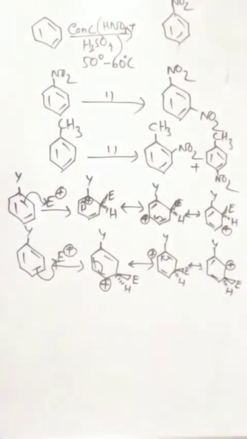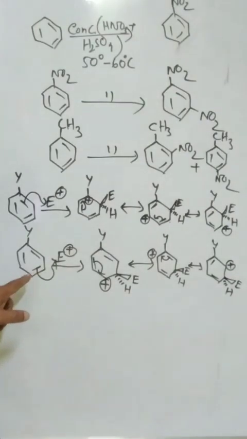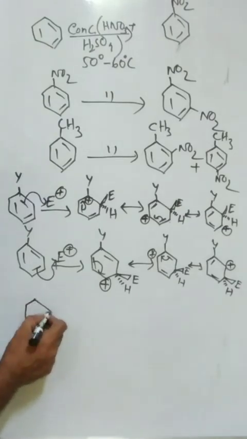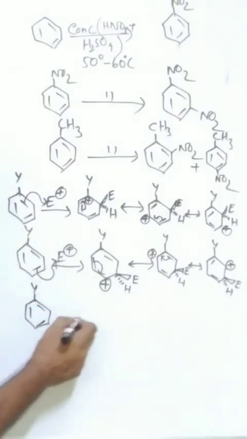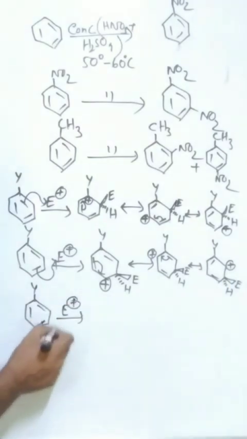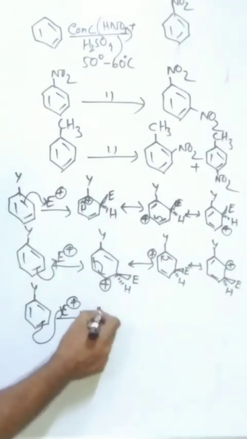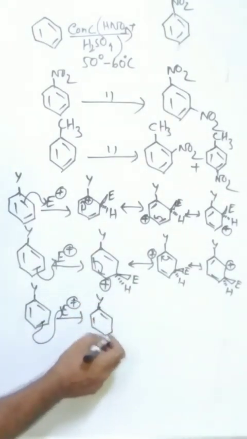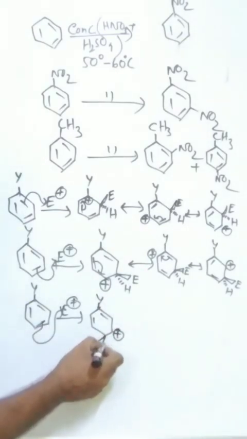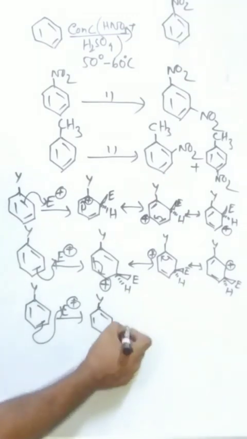Okay. Now let us see what happens when the electrophile comes in the para position. Here are the substituent and the electrophile; para position means this position. This bond breaks from this carbon, the positive charge comes here, the electrophile is above the plane, and the hydrogen already present was below the plane.